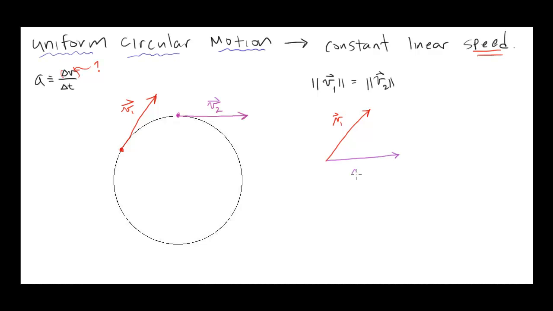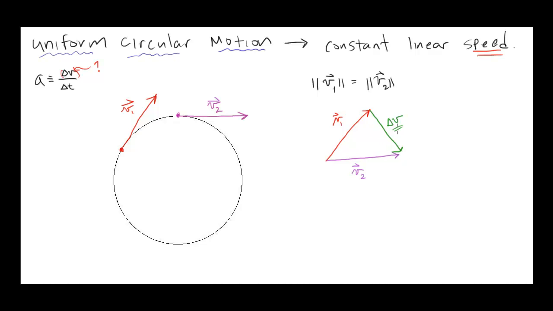That's V2. If I draw V1 and V2, then I can represent delta V. Delta V can be represented, let me pick another color, maybe green, by this vector from here to here. That is delta V.